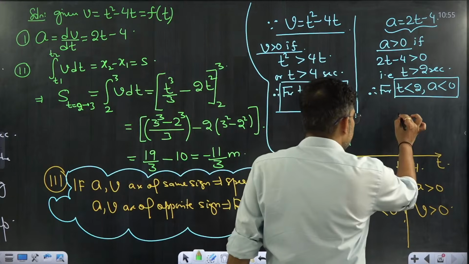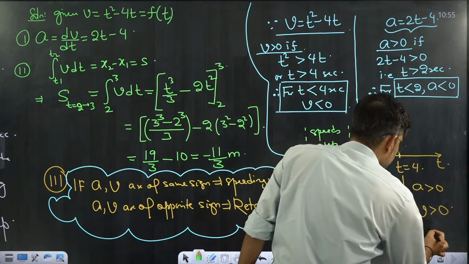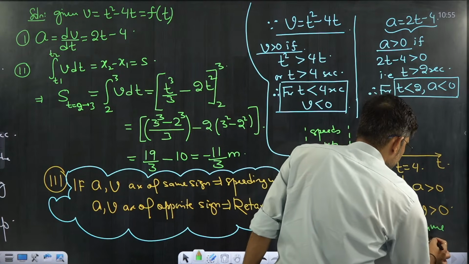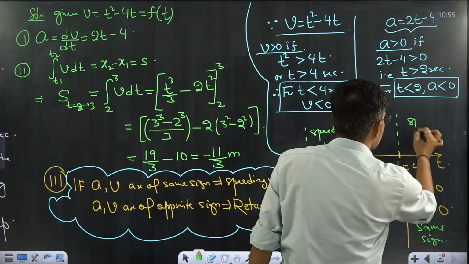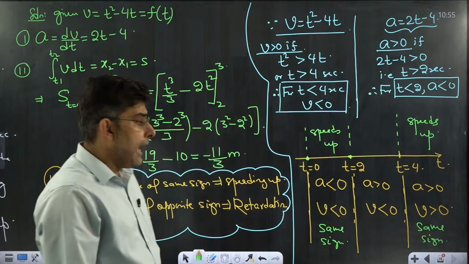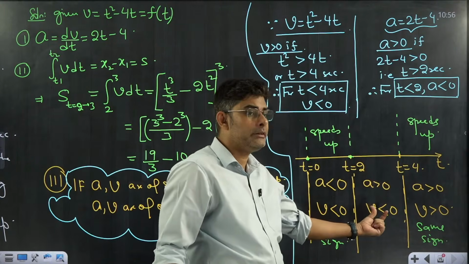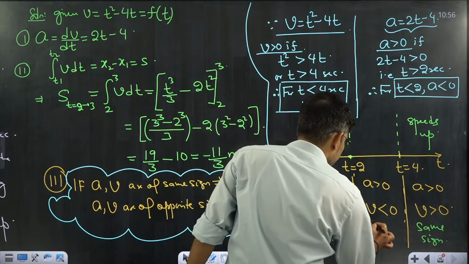If you see greater than 4 seconds, again same sign, so here again the particle speeds up. And in between 2 and 4 seconds you can see acceleration and velocity are of opposite sign.